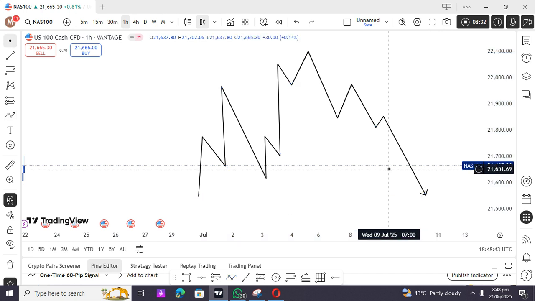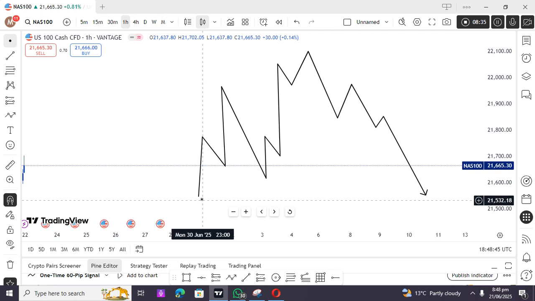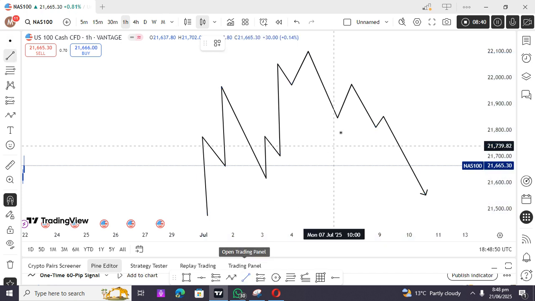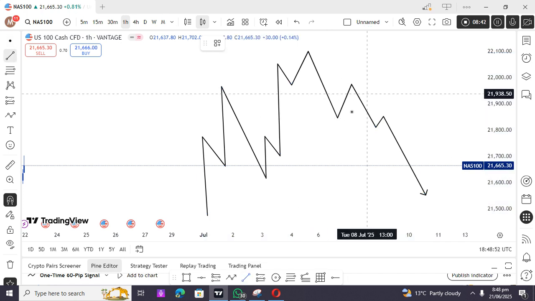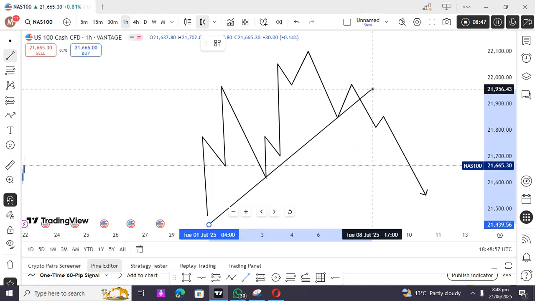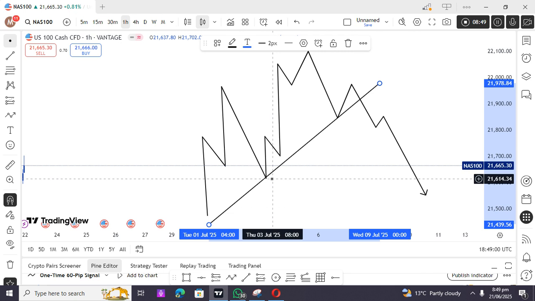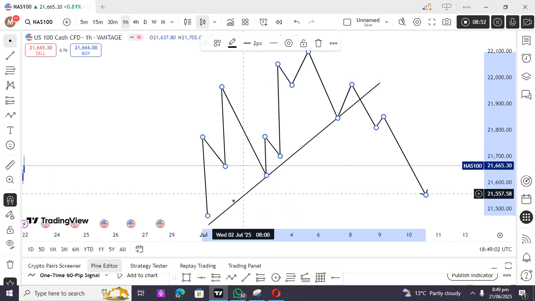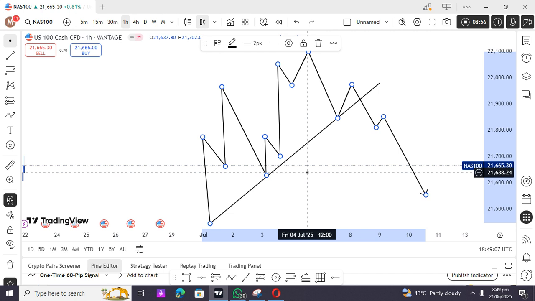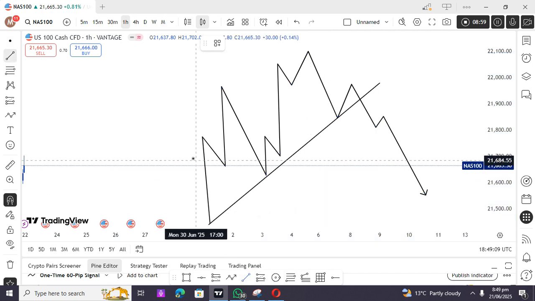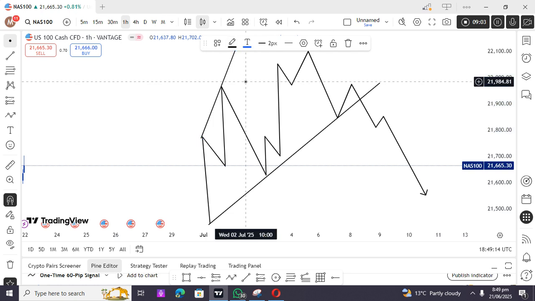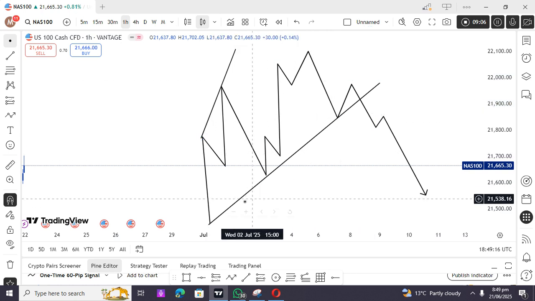Okay, let's say the market is doing something like this. Let me try and fix this. Okay, let me drop the upper one, because it doesn't have that much work, as we are interested in this one.